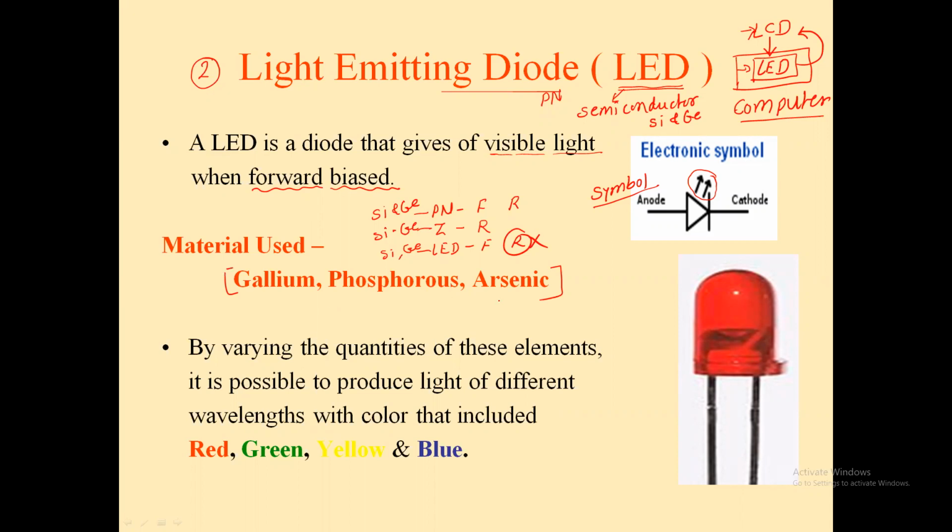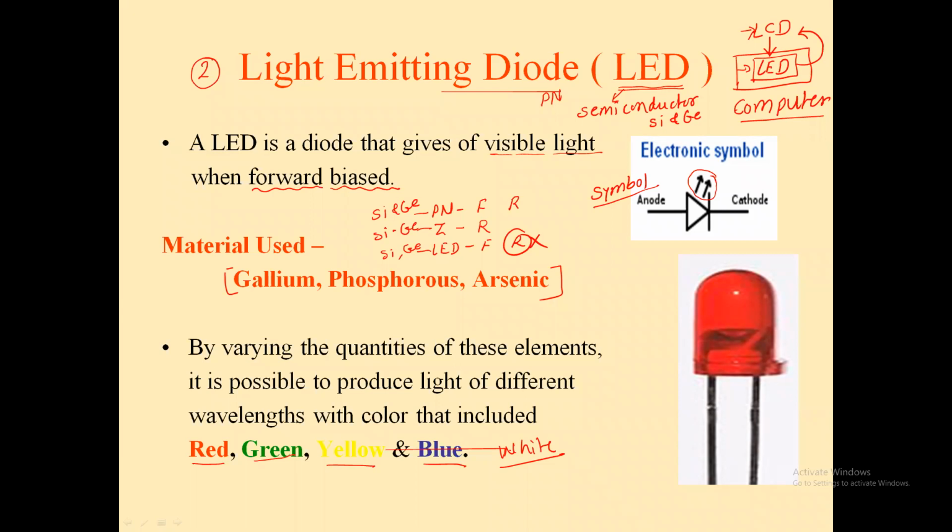With the help of these three materials, LEDs are available in different colors. By varying the quantity, LEDs are available in red, green, yellow, and blue. Nowadays, the white LED is also available.